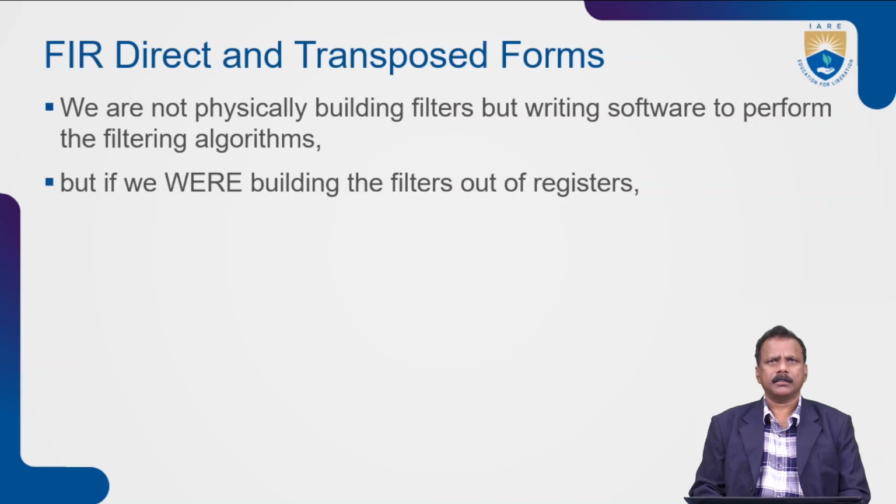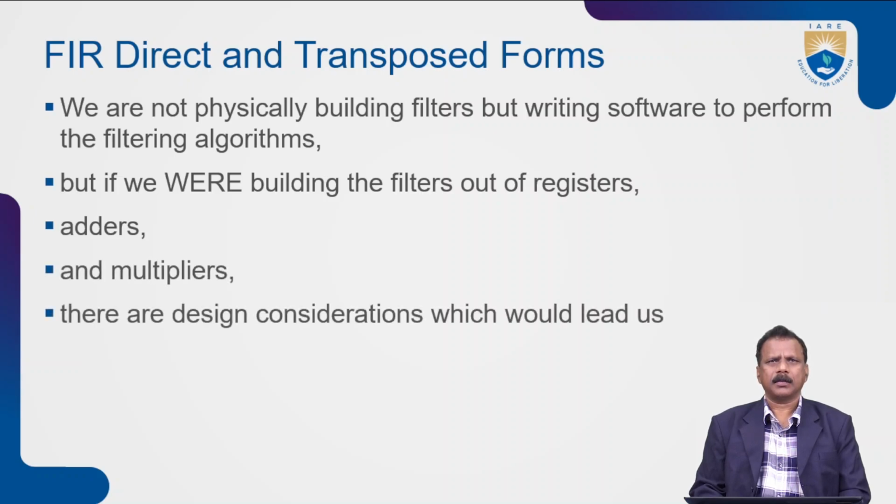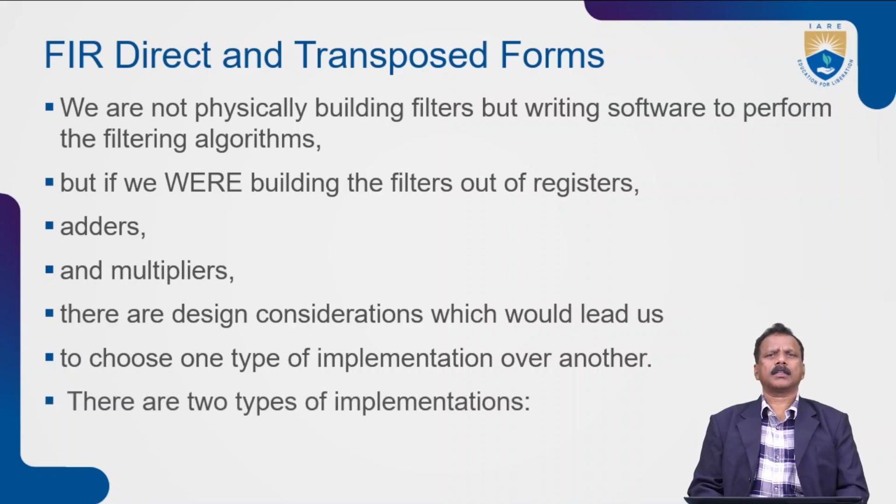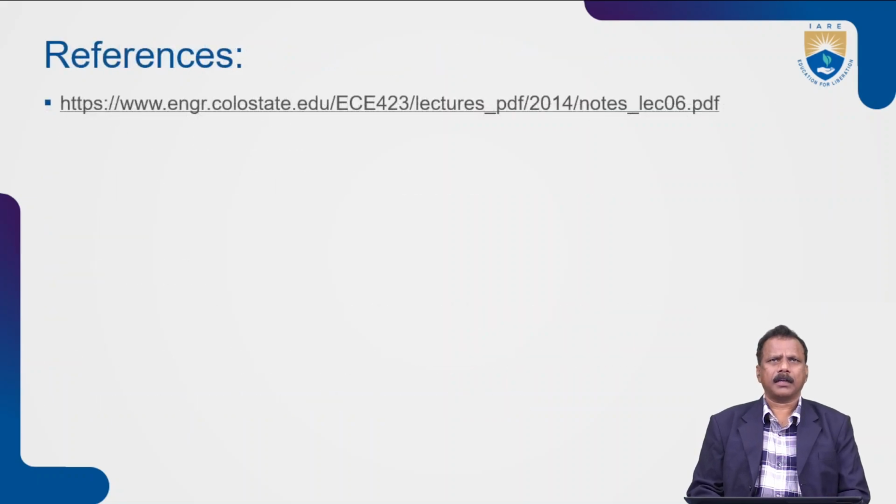But if we were building the filters out of resistors, adders and multipliers, there are design considerations which would lead us to choose one type of implementation over another, both in hardware and software. Here we are writing the software to perform the algorithm. So there are two types of implementations in terms of practical aspects.